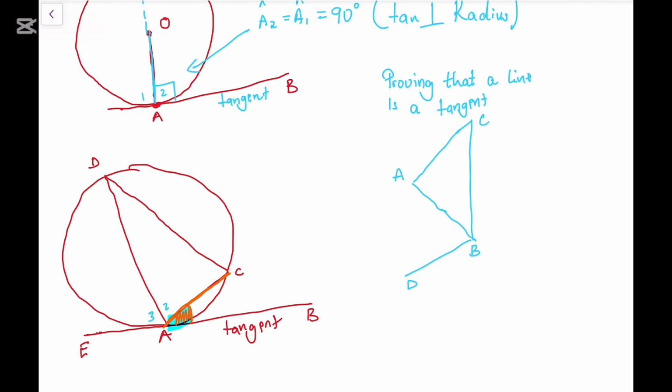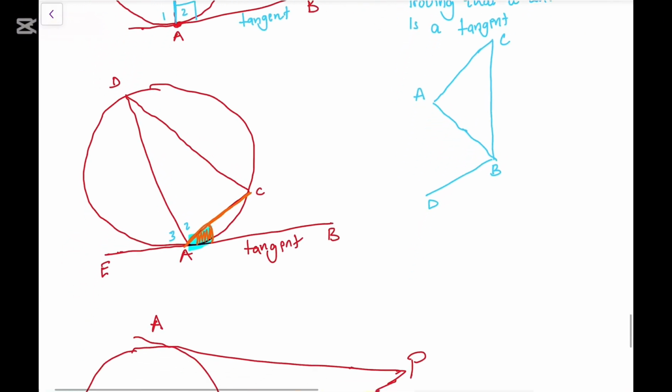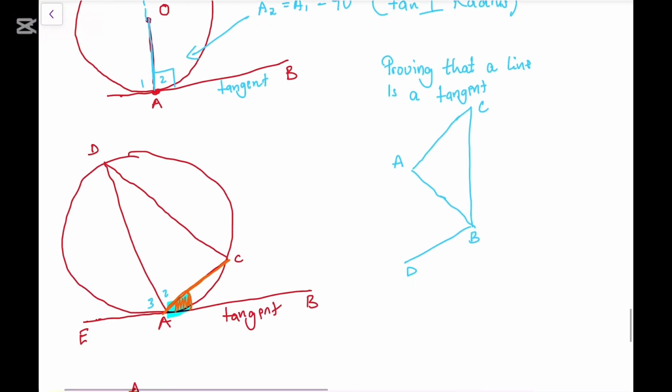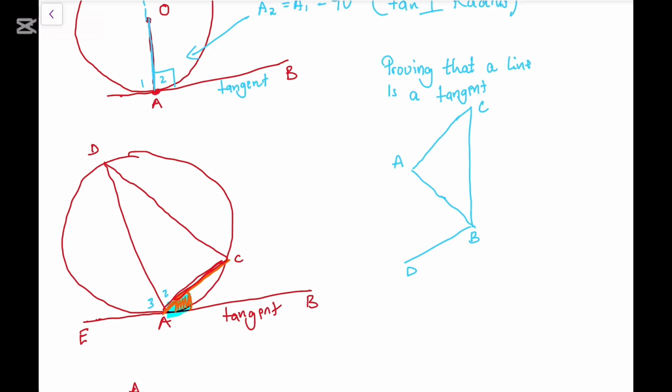So here is the angle that is formed between the tangent and the chord. That angle is equal to the angle subtended by that chord on the alternate segment. So this angle here, we can say it is A1, or we can call it angle CAB. It is equal to that angle there. So the chord subtends angle D. If this angle here is X, even that angle there will be X. This is the tan chord theorem.